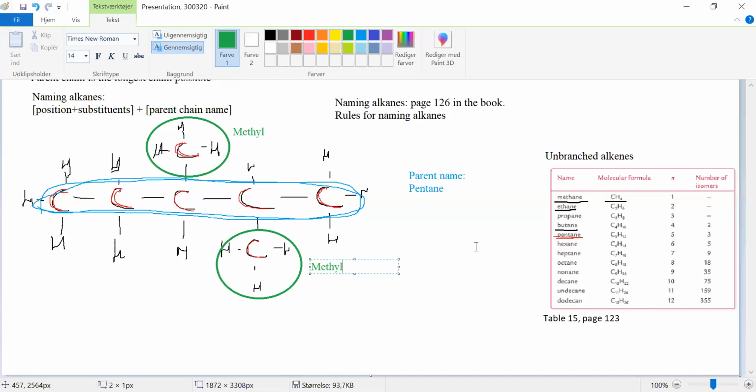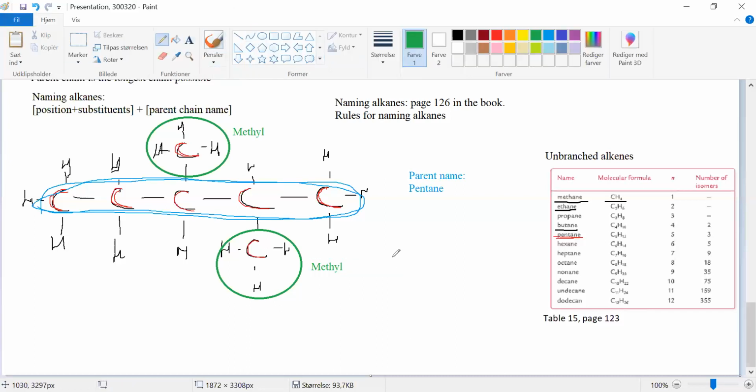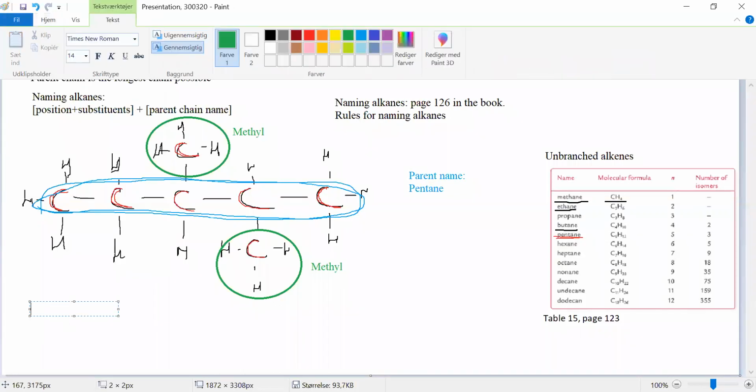So let me just explain it. Naming substituents. Determine the parent name. So that will be methane for those 2 up there, because there's 1 carbon in each of them.